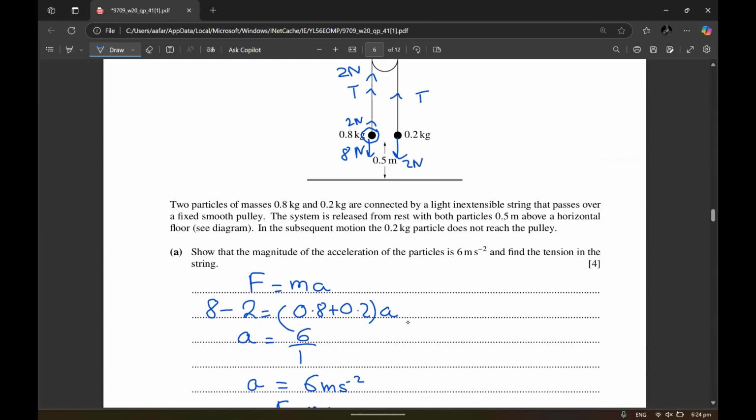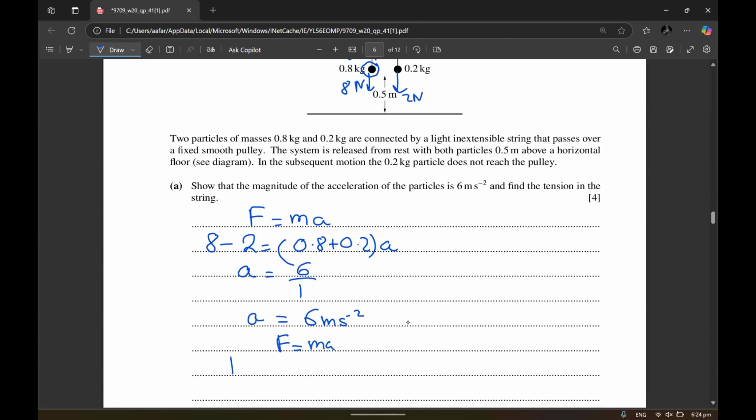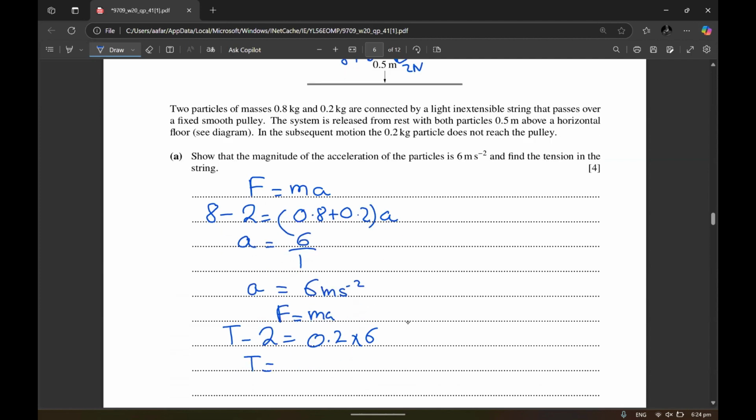Those are the only two forces acting upon it. So we can say T minus 2 is equal to mass 0.2 times acceleration 6. T is equal to 1.2 plus 2, 2.2 Newton. That's the tension.